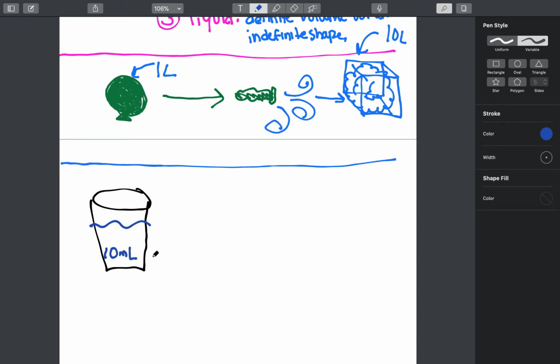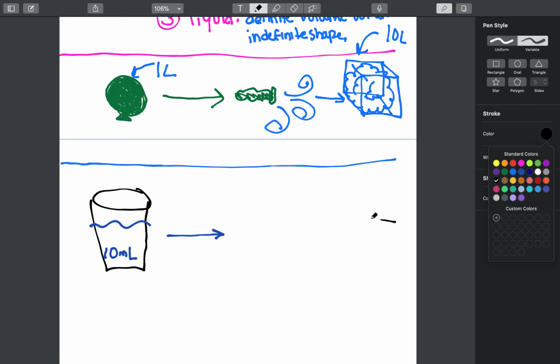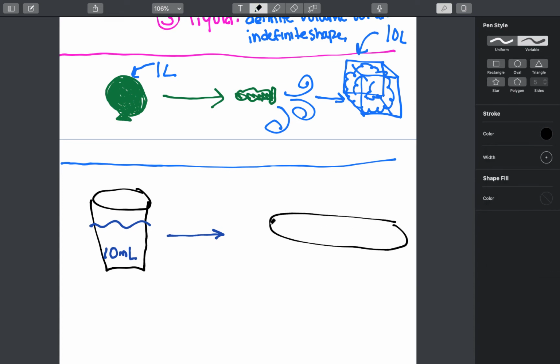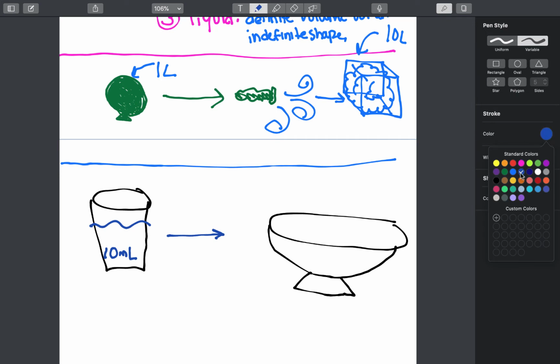And let's say that inside this cup is around 10 milliliters of water. Now let's just say I take that water and then I spill it in a bathtub. So let's draw a huge bathtub. And let's just say you could see through the bathtub. Now when I pour that water into the bathtub, the water will take the shape of however much volume the water occupies.